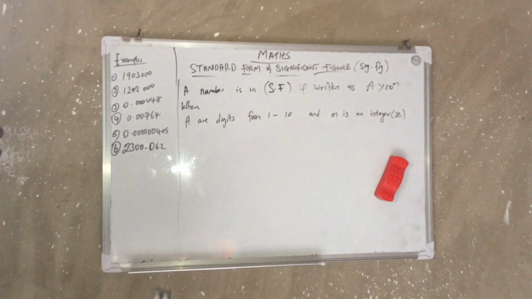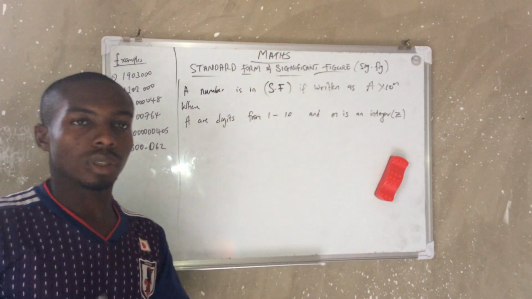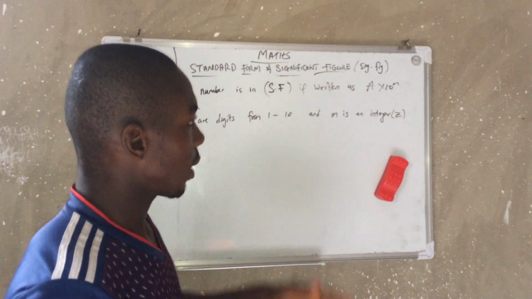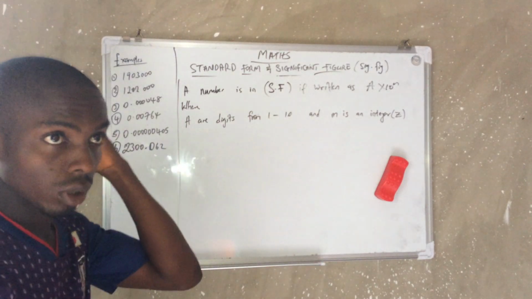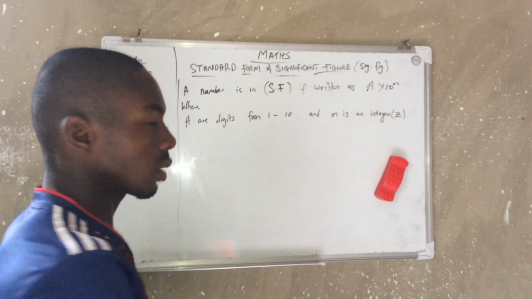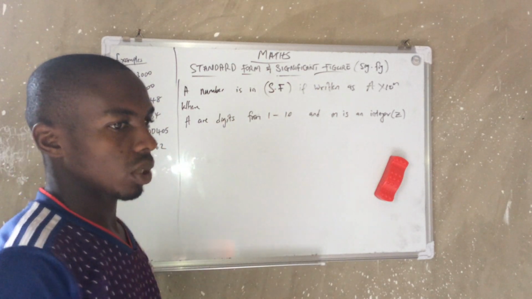So you see that now. A are digits ranging from 1 to 10, and m is an what? Integer. It doesn't matter if it's a positive integer or negative integer, just know that it is an integer.